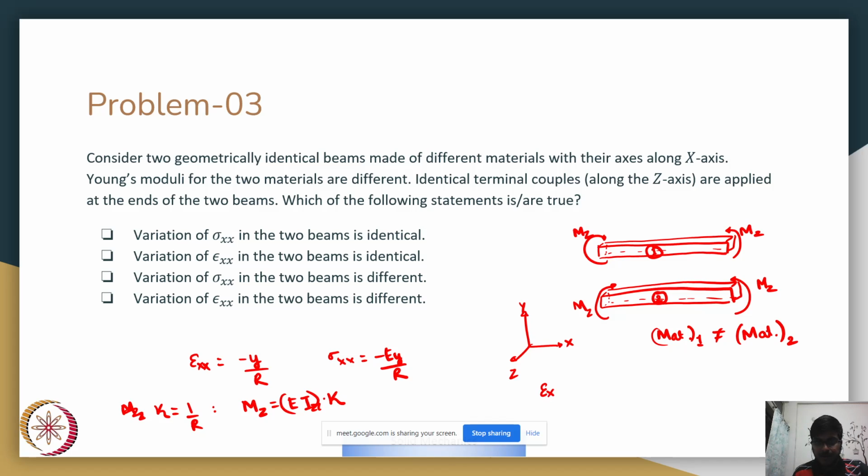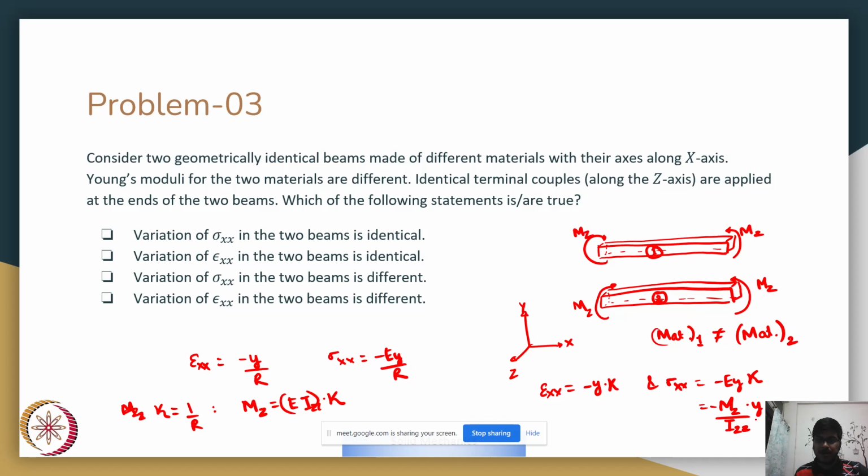Therefore, we can rewrite epsilon xx as minus y kappa and sigma xx to be minus E y kappa. But we know that E into kappa is nothing but Mz by Izz.